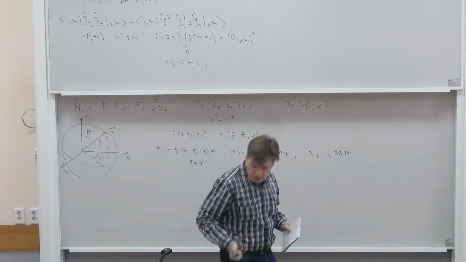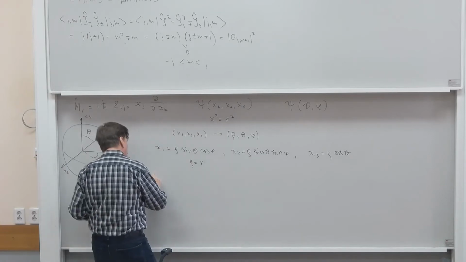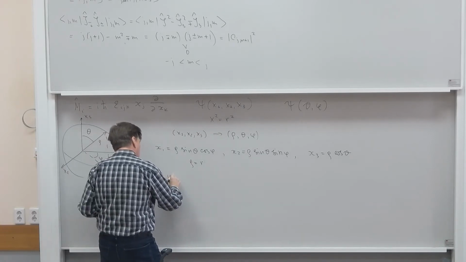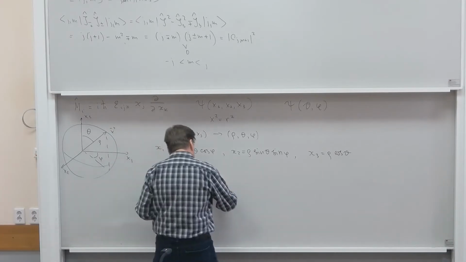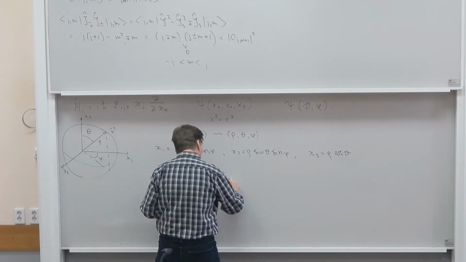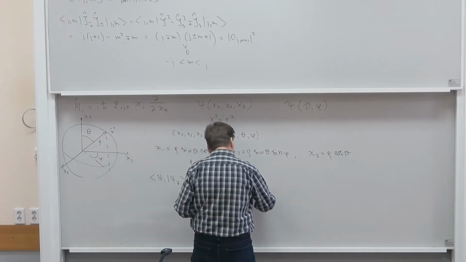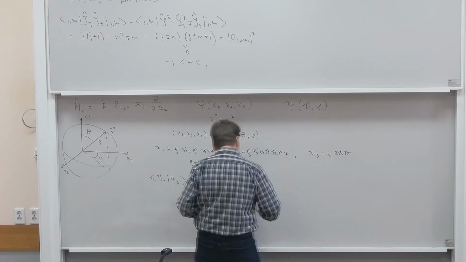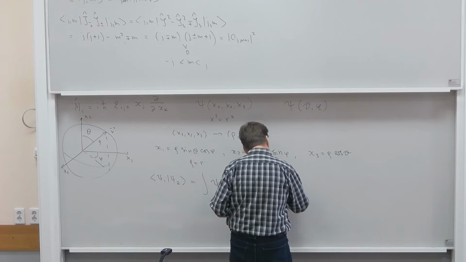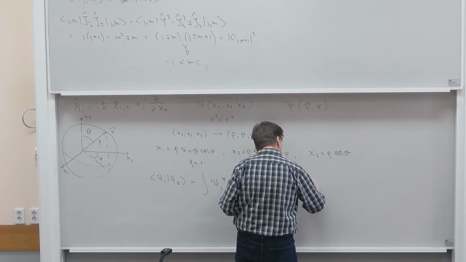And the inner product in the space of such complex valued functions is given by the integral over the sphere of phi 1 star of theta, phi times phi 2 of theta, phi, times sine theta d theta d phi.